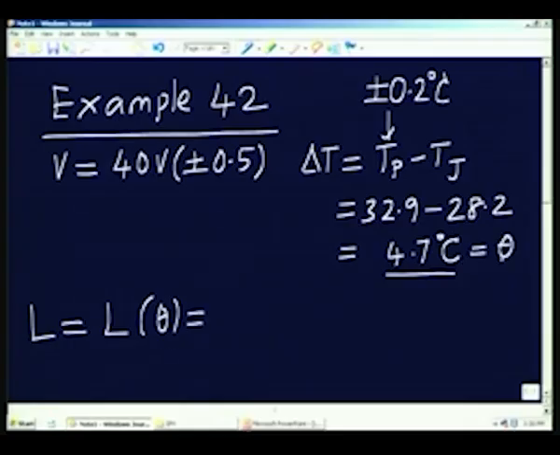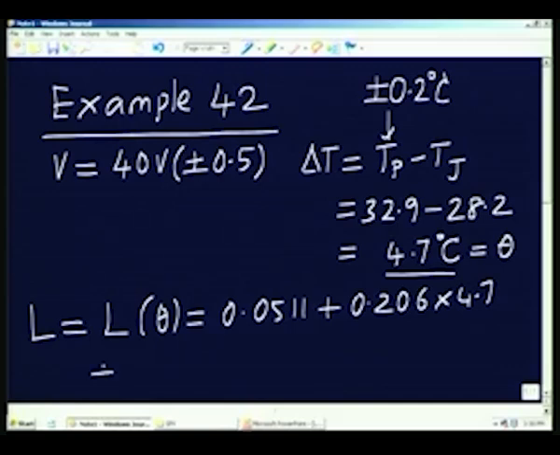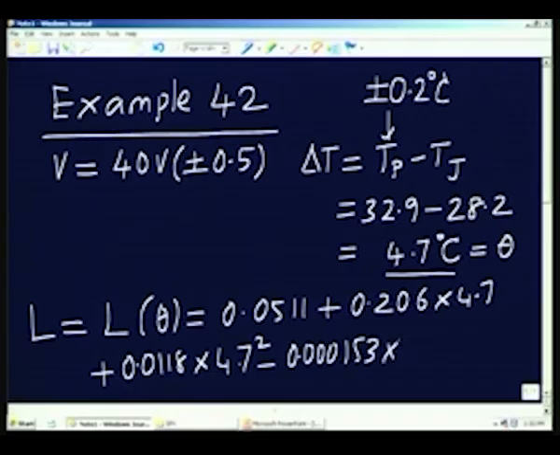All I have to do is substitute theta into that expression, and I will get 0.0511 plus 0.206 into 4.7 plus 0.0118 into 4.7 squared minus 0.000153 into 4.7 whole cubed, and this comes to 1.26 watts.